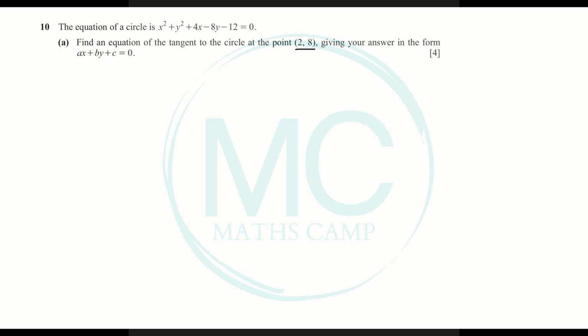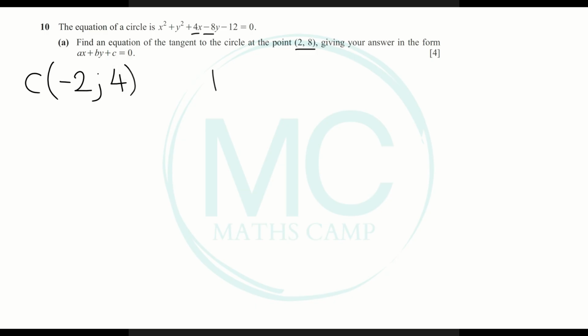So we can say the center C. For the x coordinate, we look at the coefficient of x, which is 4, divided by 2 gives us 2. Change the sign, and we get negative 2. For the y coordinate, look at the coefficient of our y term, negative 8. Divided by 2, we get negative 4. Change the sign, and you get positive 4. This is the center of the circle.